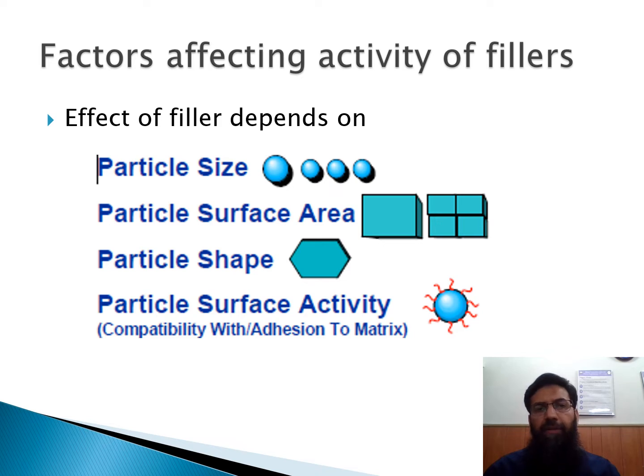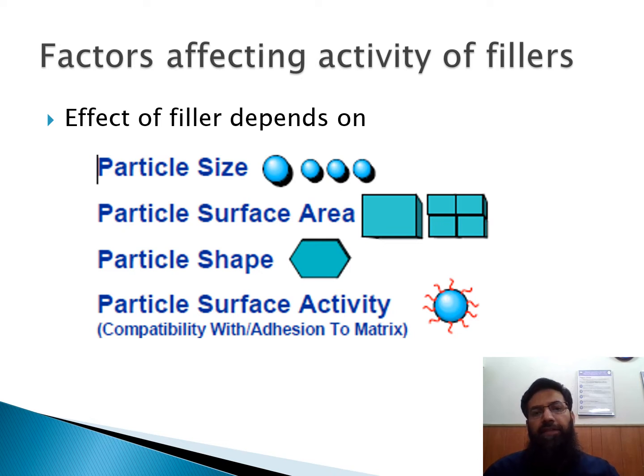Just like three main fillers in our industry, the calcium carbonate, carbon black, and silica. Out of these three fillers, the calcium carbonate is mainly present in the micron sizes, whereas the silica and carbon black can be present in the nano sizes.